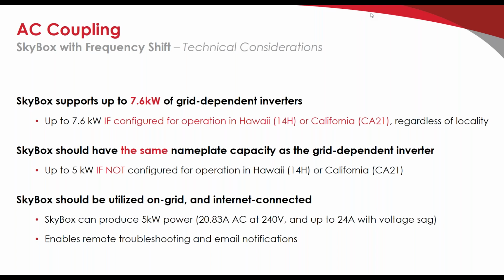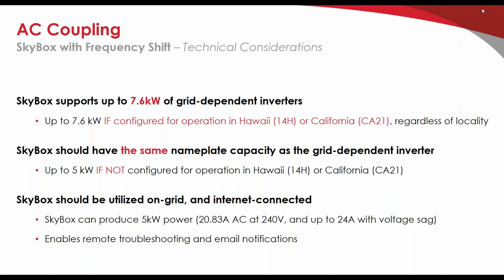Okay, that up to 7.6 kW limit can be reached if those grid-dependent inverters, UL 1741 SA, can be configured for operation in Hawaii Rule 14H or California Rule 21. And then you can do that configuration regardless of locality. So you don't have to physically be located in California or Hawaii to do that configuration on your grid-dependent inverter.